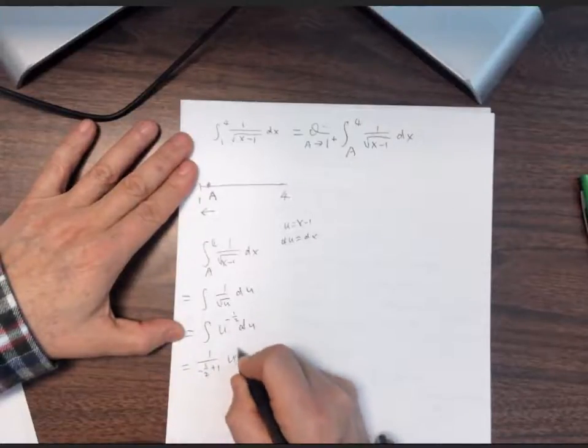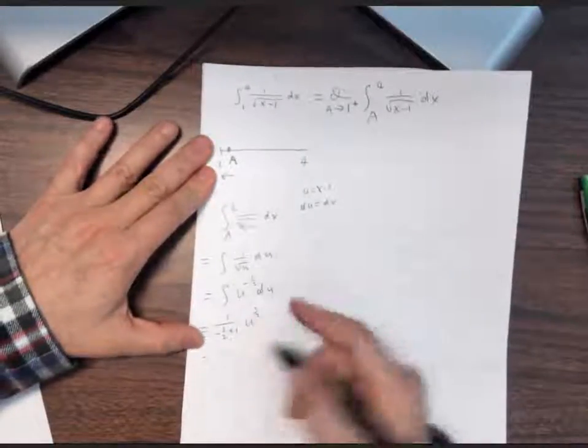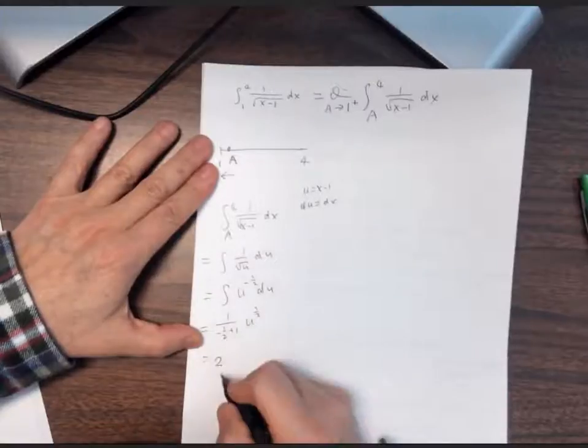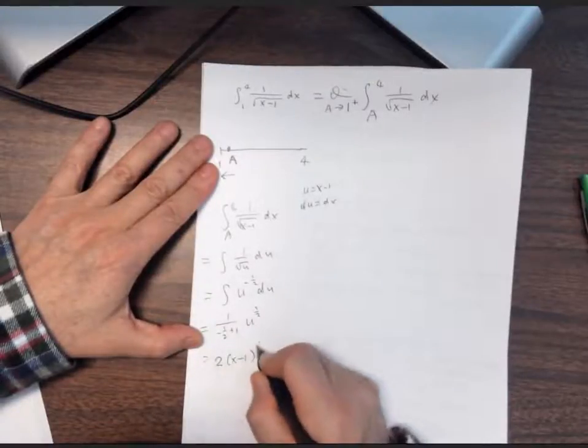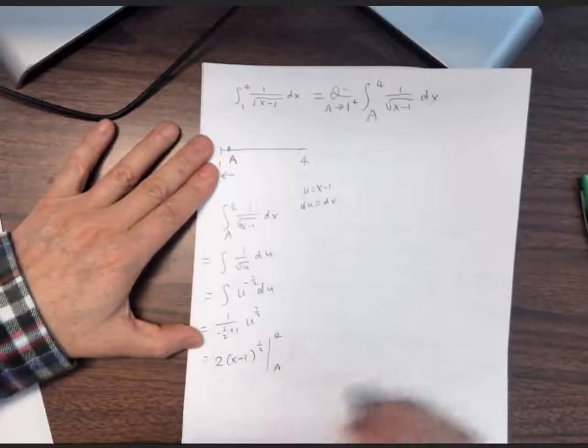Simple integral. This is positive 1/2. Flip it, so it's 2. U is x minus 1. 4 A.